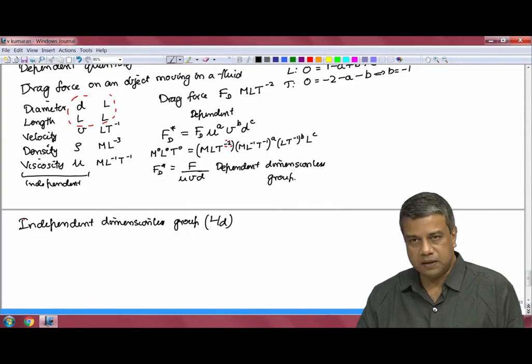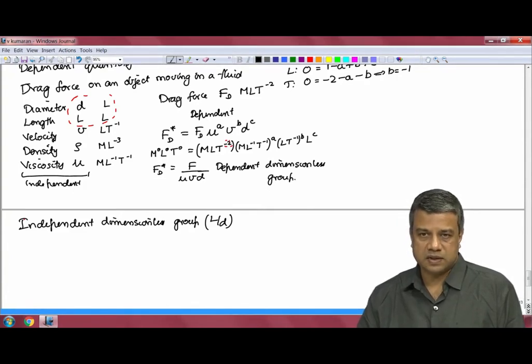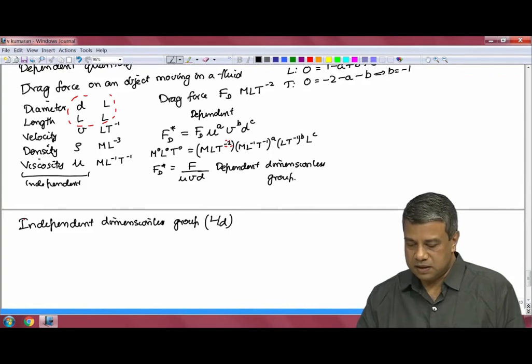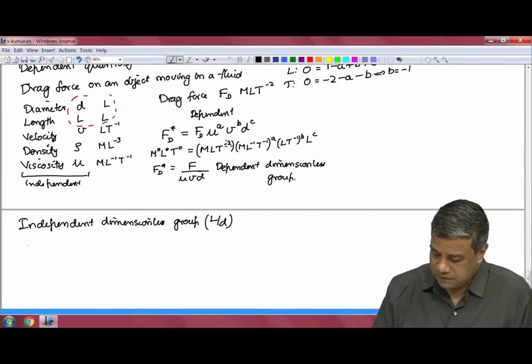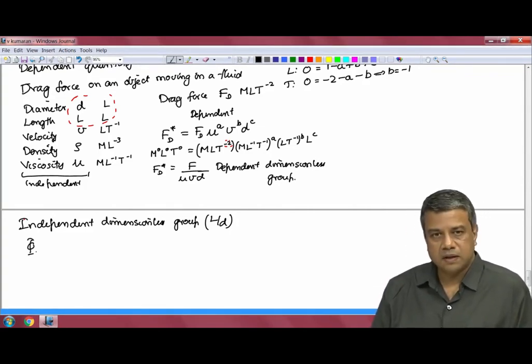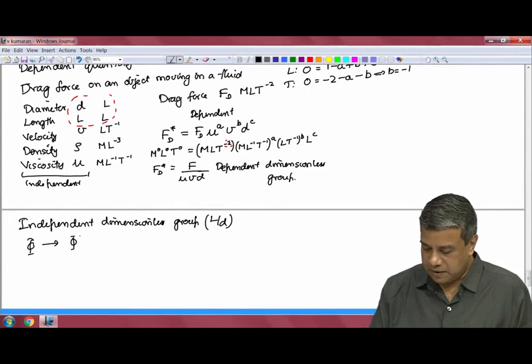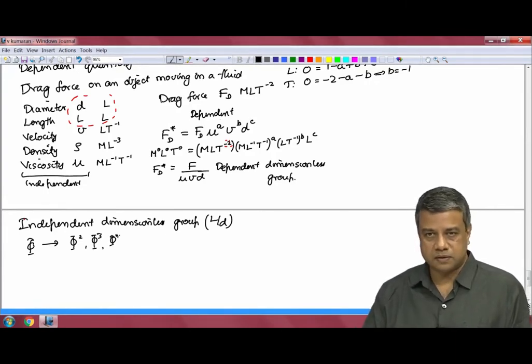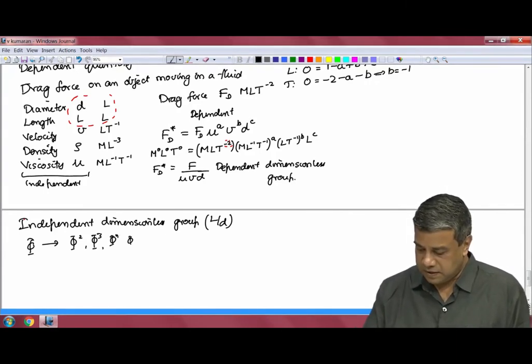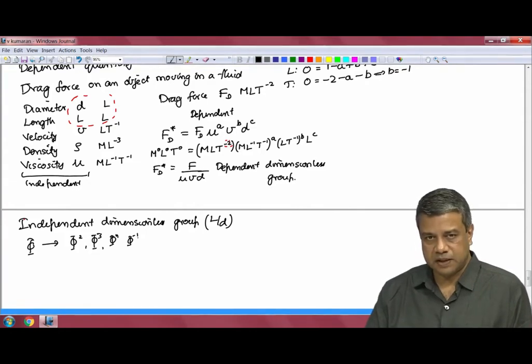And in the equation for the independent dimensionless group, I can select the exponent of any one of those as 1. The reason is because if I have a dimensionless group phi, it implies that any power of phi, whether it is phi square, phi cubed, phi power n, phi inverse and so on, are all dimensionless groups.